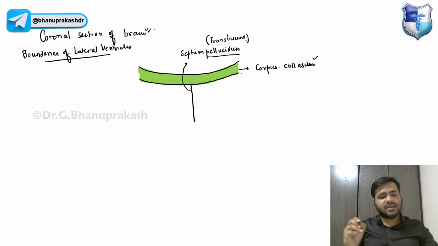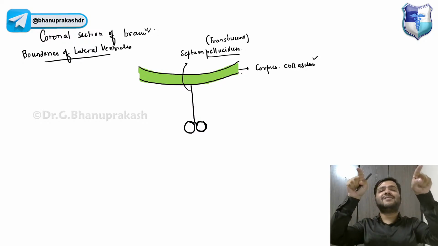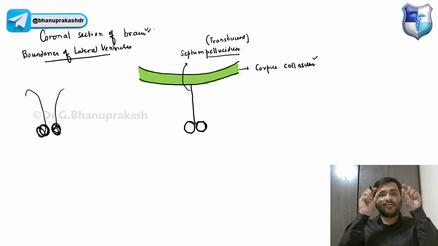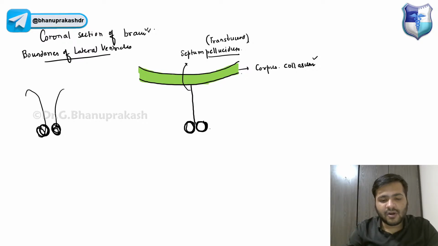Along with that, in the lower edge of this septum pellucidum, you can see the columns of the fornix. I told you, they are coming from behind towards the front, like this. Since you are cutting from the front, you will not see them coming from behind; you will only see a rounded, thumbnail-like appearance.